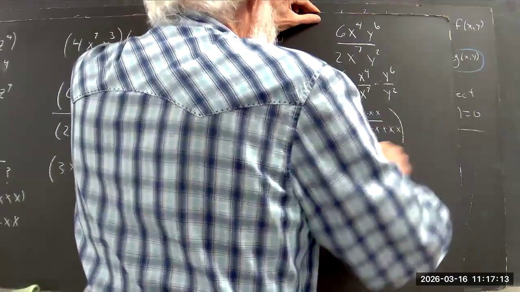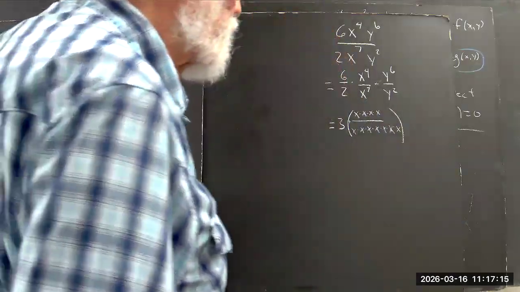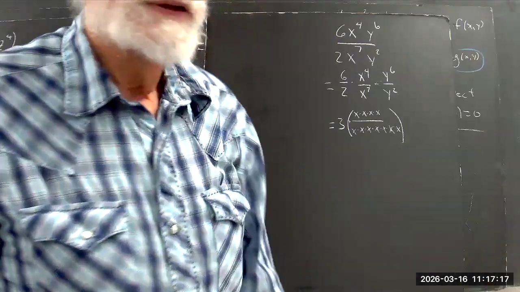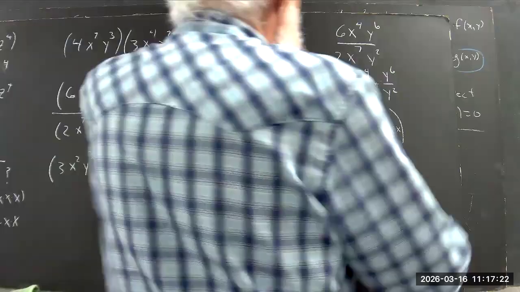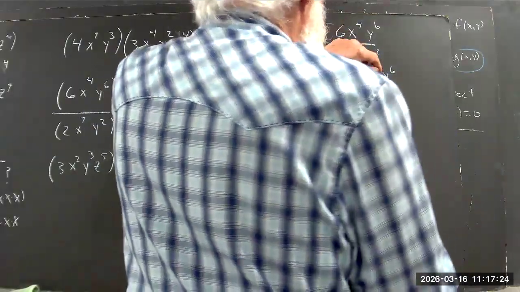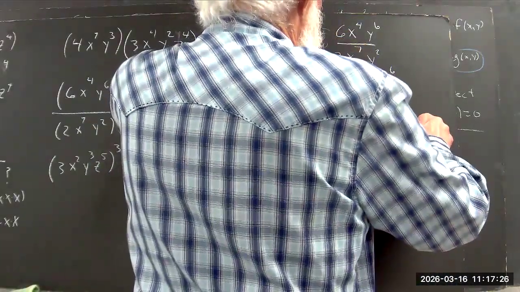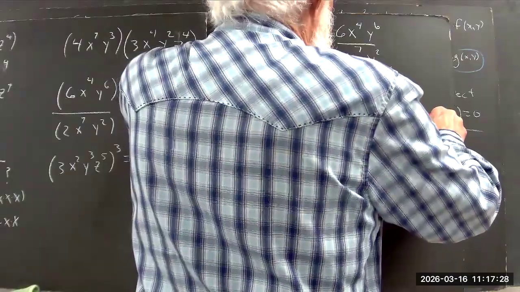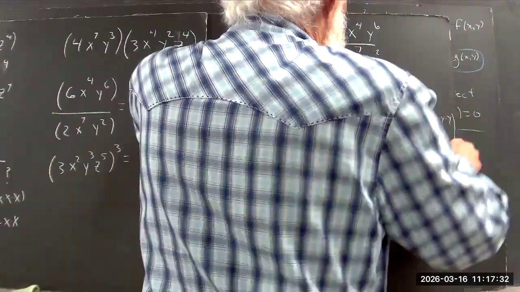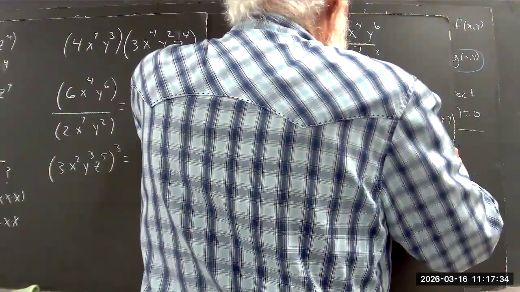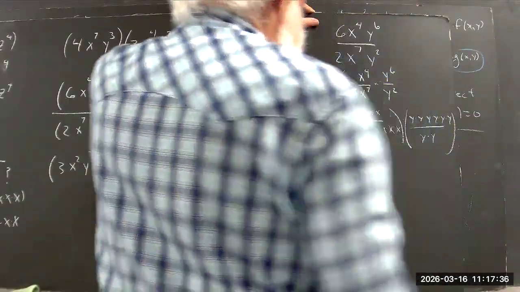So I can write my x to the fourth over x to the seventh by expanding it out and showing all the x's. And my y to the sixth over y to the second, I can do the same thing. Y to the sixth is y times y times y times y times y times y divided by y times y.